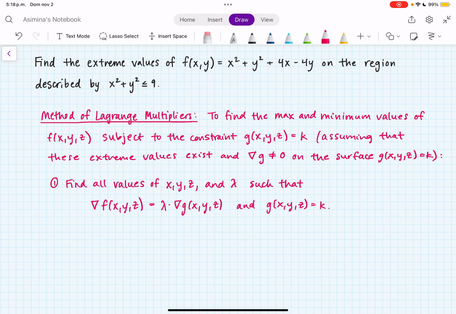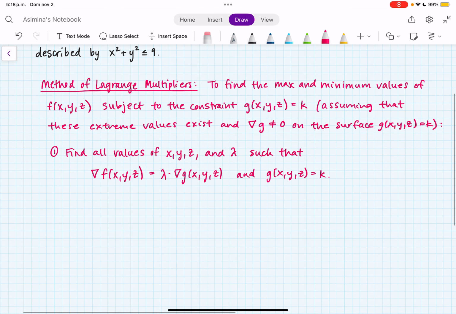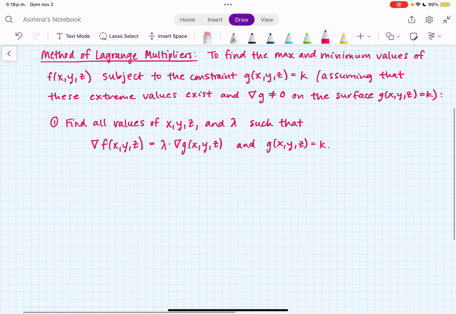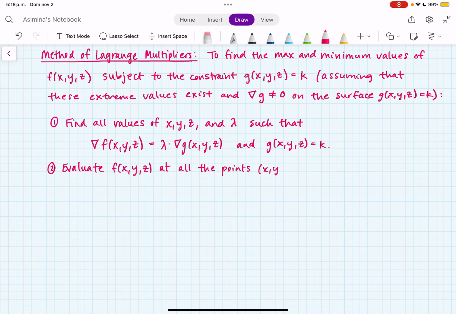Now what's step 2? For step 2, we want to evaluate f of x, y, z at all the points x, y, z from step 1.